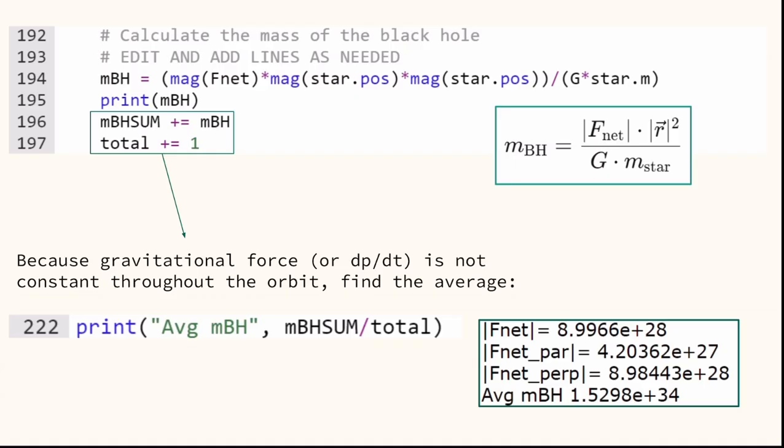All of this contributes to the F net, which gives us the mass of our black hole by rearranging the F of g equation to get line 194. To find the average mass of our black hole, we sum up all these points and divide by the total number of points calculated.